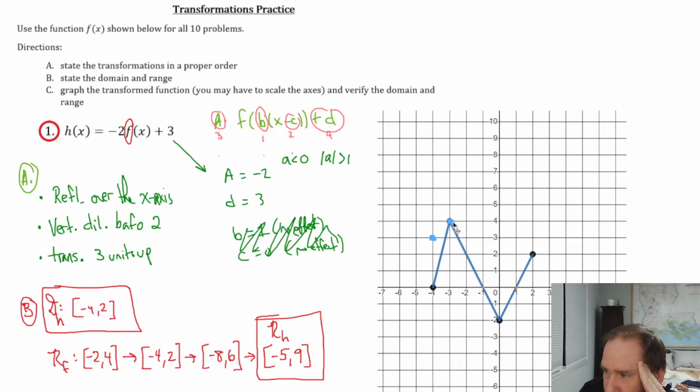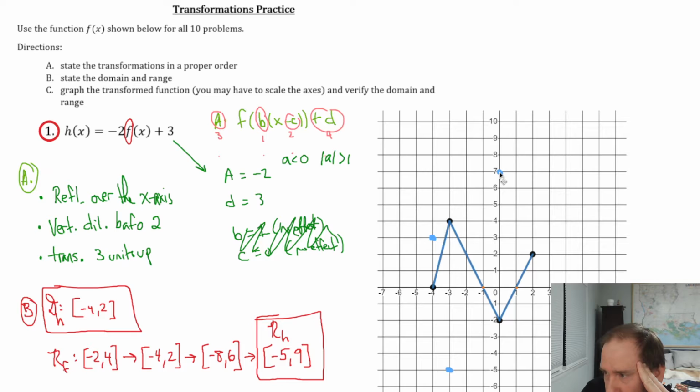If you wanted to plot these things one at a time, the 4 would go to -4, then double down to -8, then translate up to -5. It's going to finish its life here. Then the -2, what's happening to that guy? Well, the -2 reflects, goes to +2, then doubles up to 4, then gets translated up to 1, 2, 3, to 7.